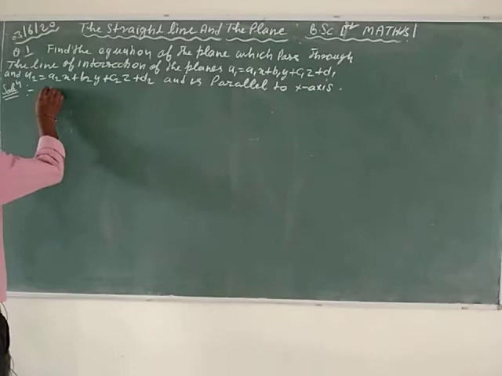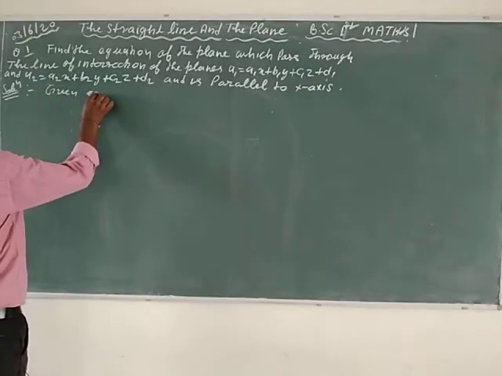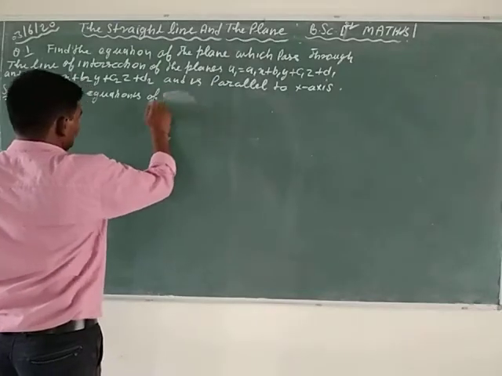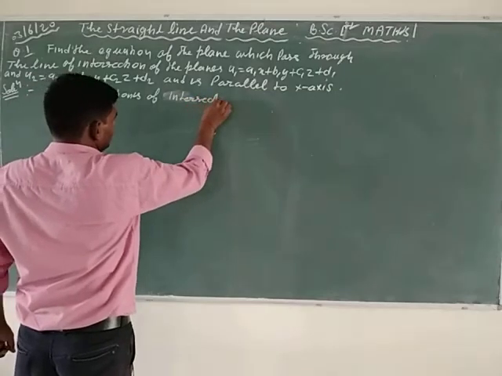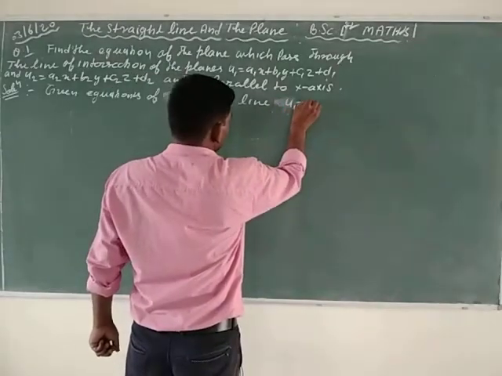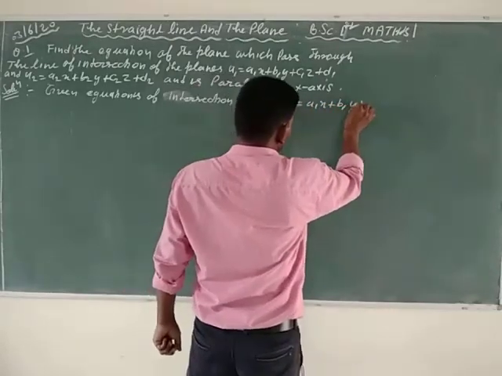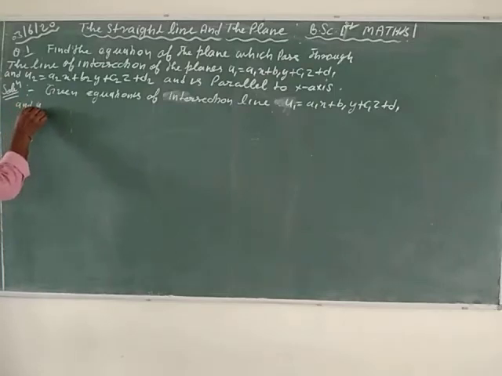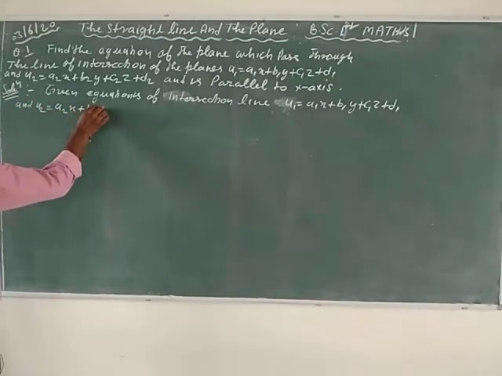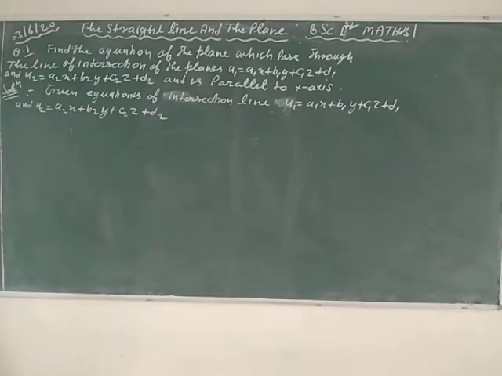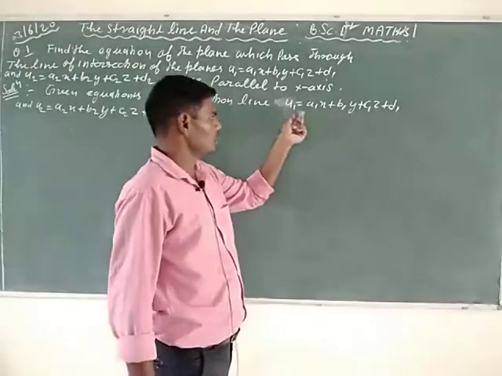Therefore in the solution, write the given equations of the straight line, also called the line of intersection: u1 = a1x + b1y + c1z + d1 and u2 = a2x + b2y + c2z + d2.